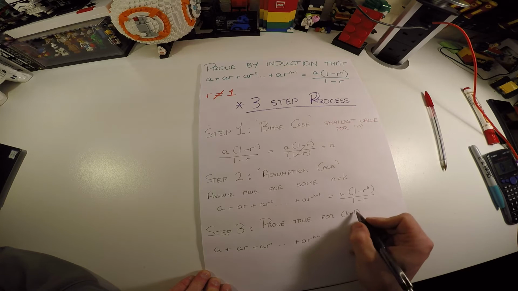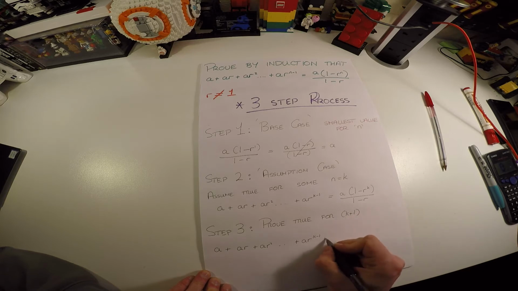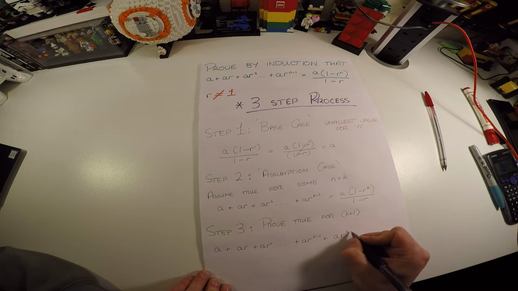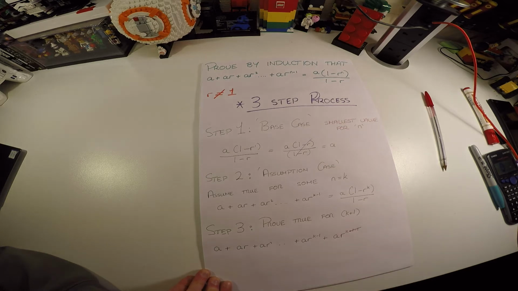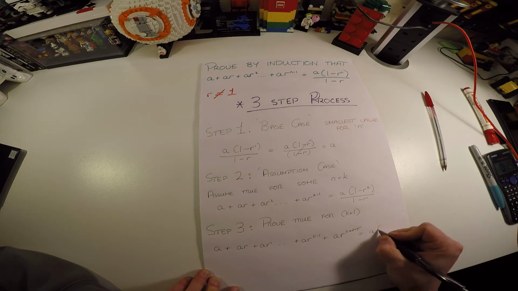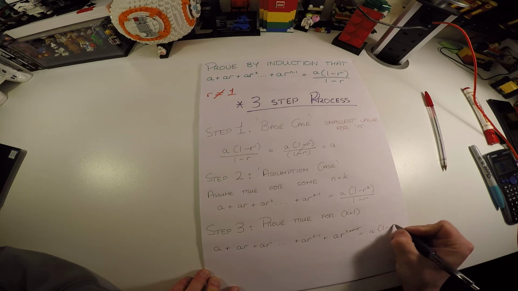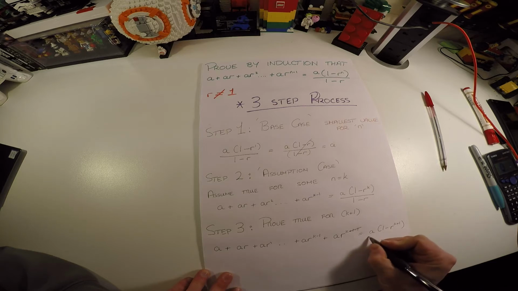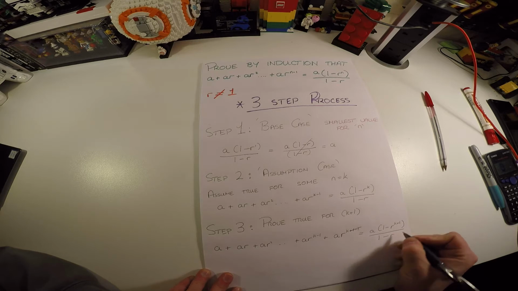Now what happens if we replace n by k plus 1? Well, that gives us a times r to k plus 1 minus 1, and of course that's just k. If that's true, then that should all be equal to a times 1 minus r, remember, we're in the k plus 1 term now, to here, all over 1 minus r.